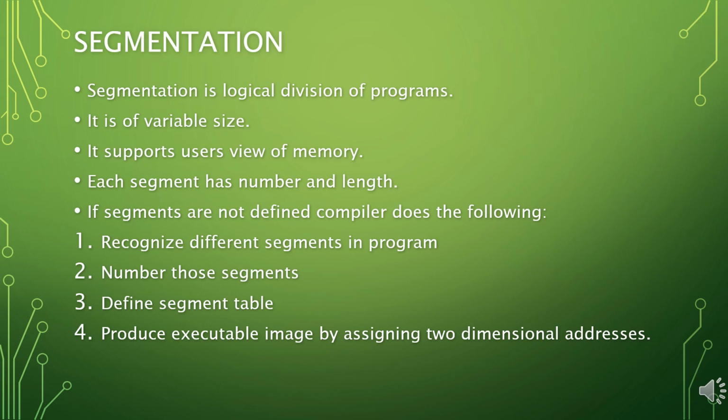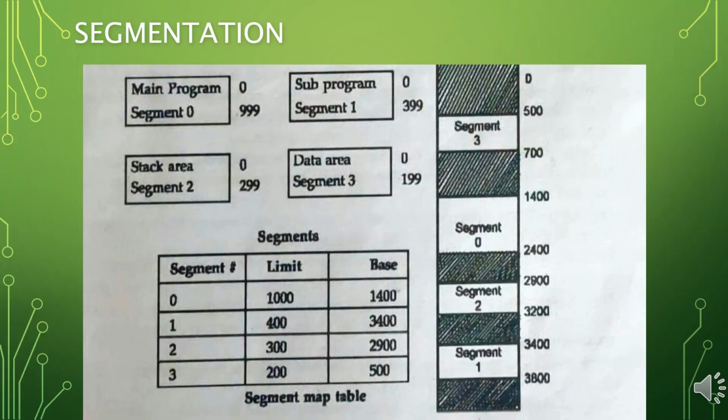Consider the example. As shown in the figure, there are 4 segments numbered 0 to 3. The SMT, that is the segment map table, has a separate entry for each segment giving the size and the base of the segment.